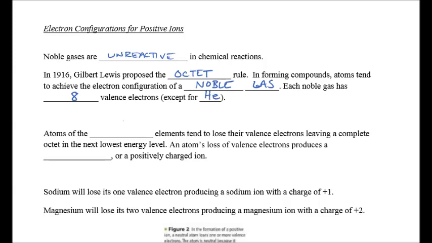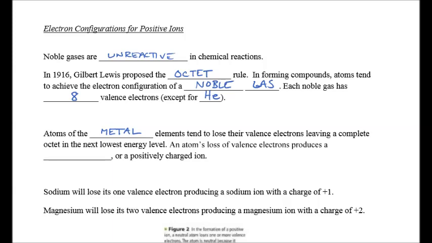In order to achieve this, atoms of the metal elements tend to lose their valence electrons, leaving a complete octet in the level below. We know aluminum is 2,8,3. The aluminum ion is 2,8.